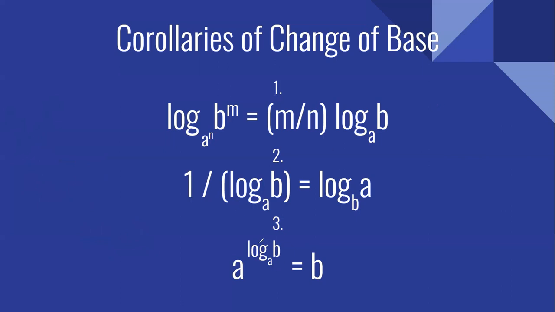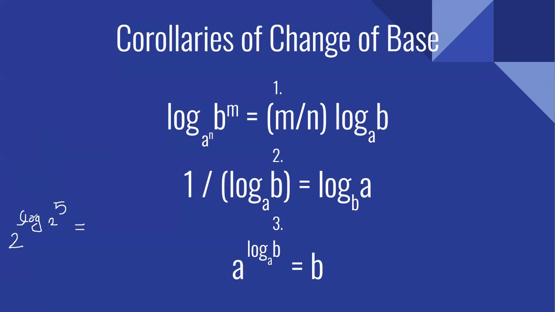Now let's look at the third and last corollary of the change of base theorem. If the power is the whole logarithm itself, and the base in the indicial part and the base in the logarithm part are equal, then the answer is the argument which is passed with the logarithm. So for example, let's say 2 raised to log 5 to the base 2 will give us.